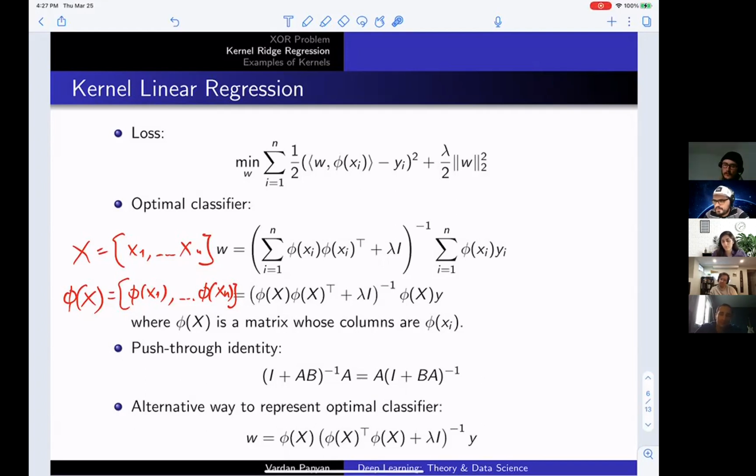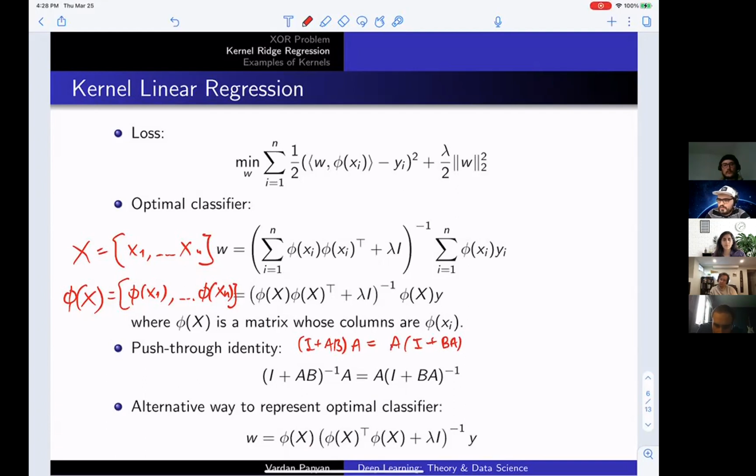This is actually very, very simple to prove. The proof is just as follows. (I + AB) times A is equal to A times (I + BA), right? So this is equivalent.